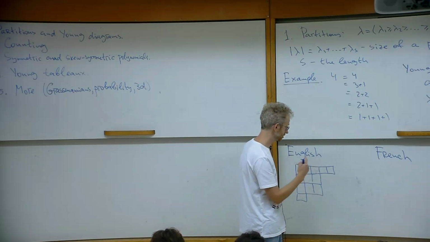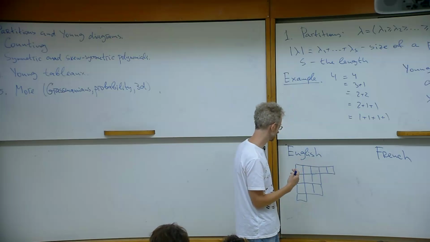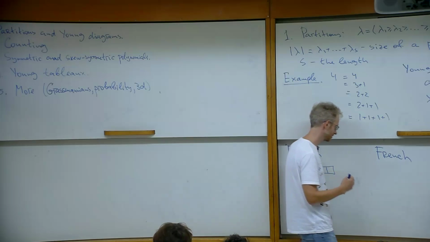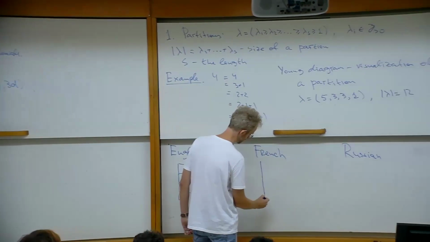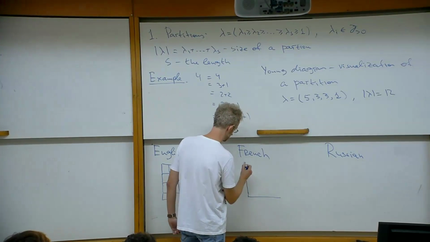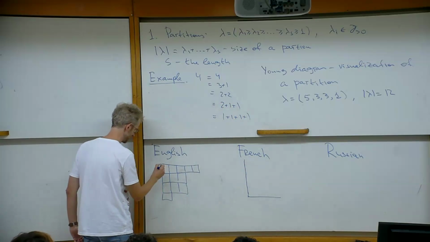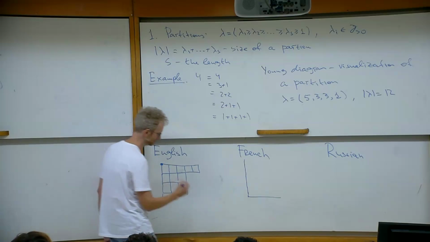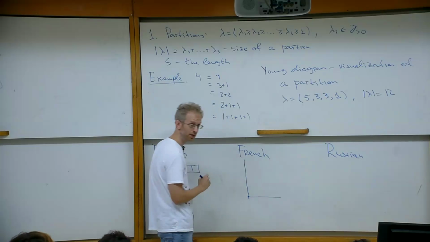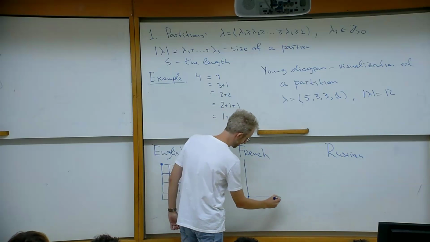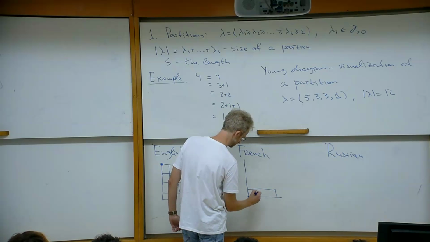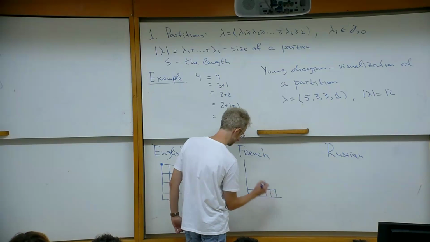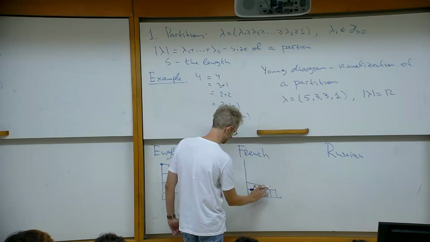So now the French notation says that, okay, we better use the coordinates. And let us say that this point is actually here. And then we put our 5 boxes downstairs. And then 3.